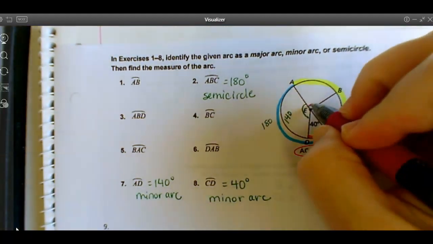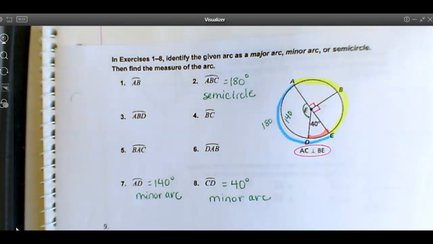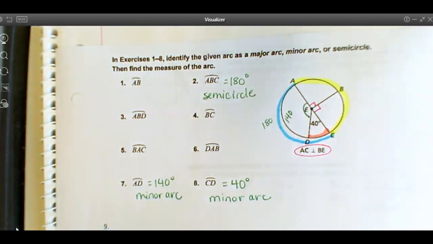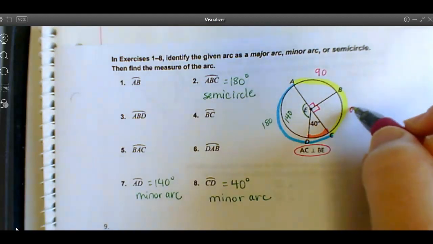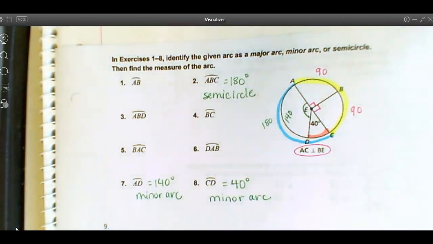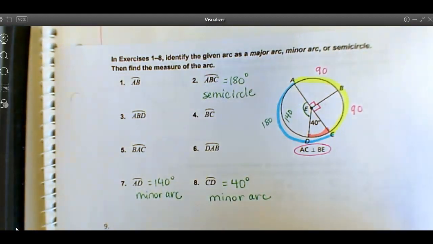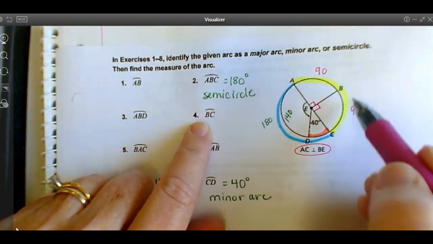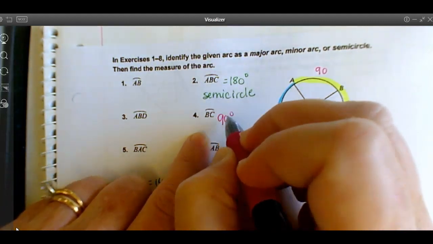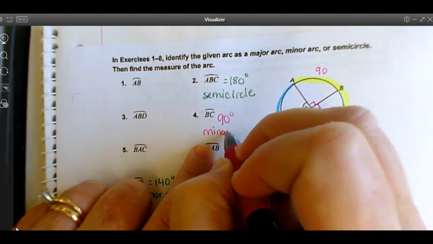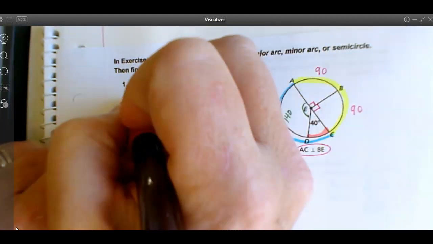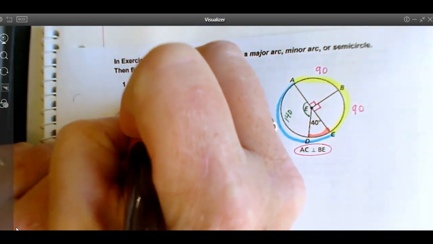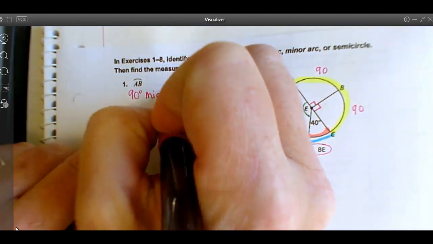So I know this is 90, and I know that's 90. That tells me that these two arcs right here are both 90. So BC I know is 90. That's a minor arc. And that also tells me that AB is 90, and that's also a minor arc.